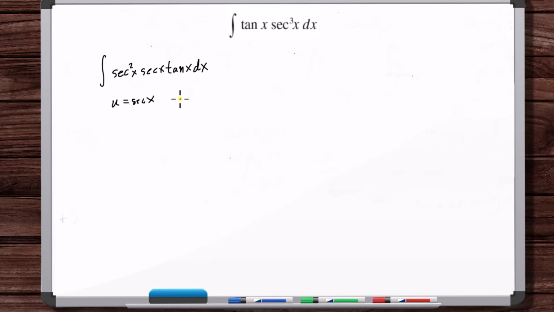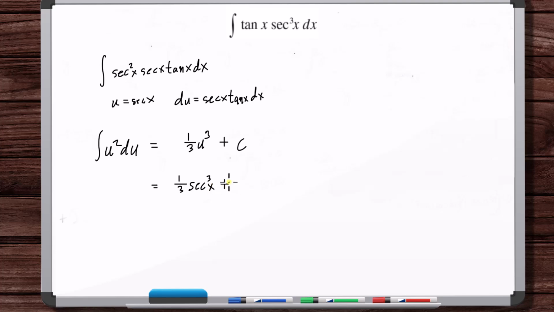So du is equal to secant x tangent x dx. Making the substitution, we get u squared du. There you go. So 1/3 u cubed plus c, which is 1/3 secant cubed of x plus c.